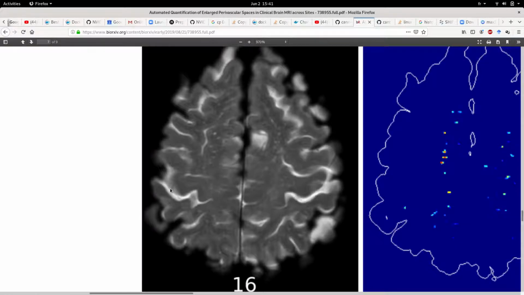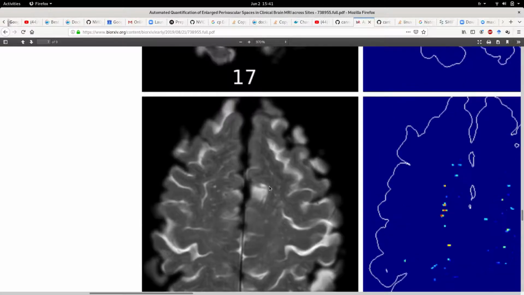You see I see clusters and I count them as 1, 8, 9, 10, 11, 12, 13, 14, 16, 17, maybe here. You see, and then maybe here also, or this one. So there are some small ones, so 17 maybe.